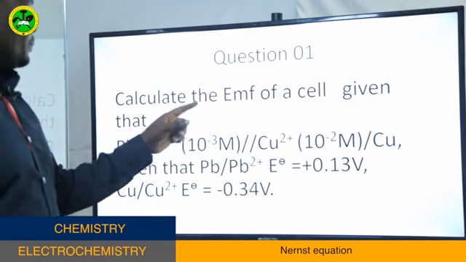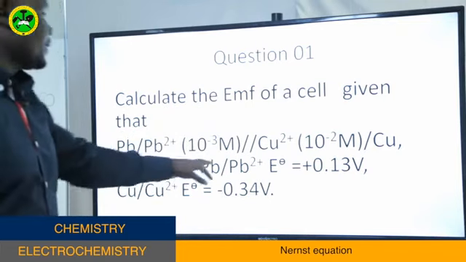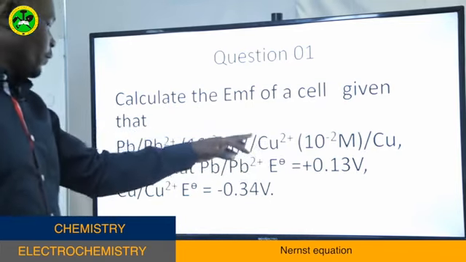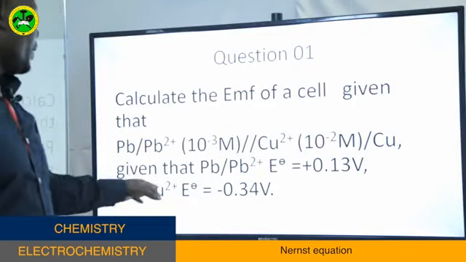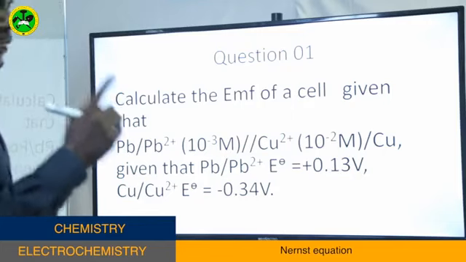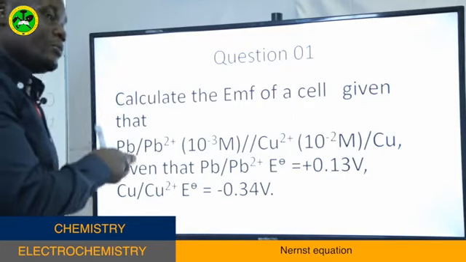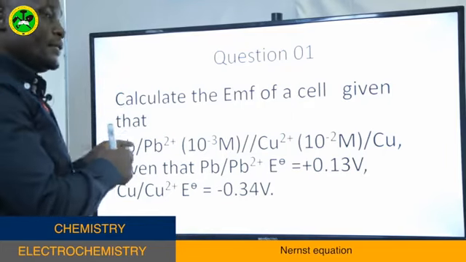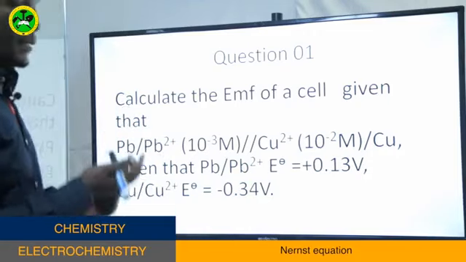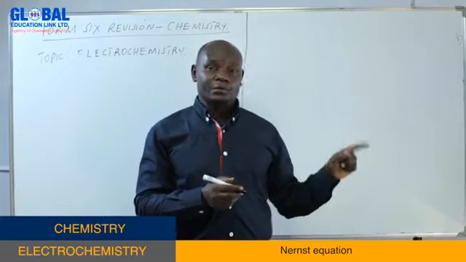Remember that the standard electrode potential, to help you judge whether it is undergoing oxidation or reduction, should be written in reduced form. If not written in reduced form, you have to convert them and write them in reduced form.